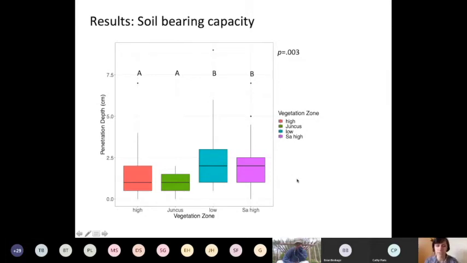And so I think that there is some promise here that maybe this tool could be used to monitor marsh peat and see if bearing capacity is changing over time as our marshes respond to rising seas.